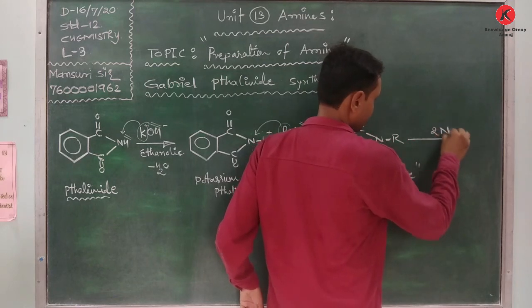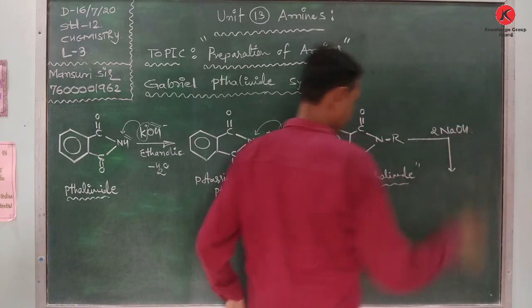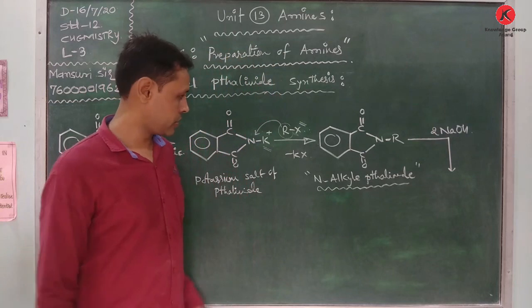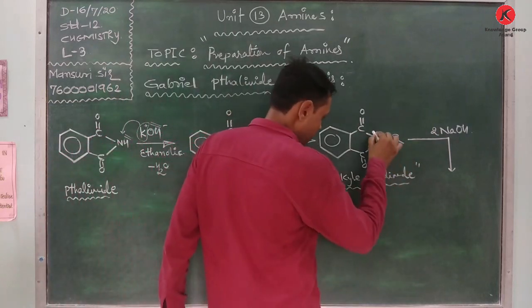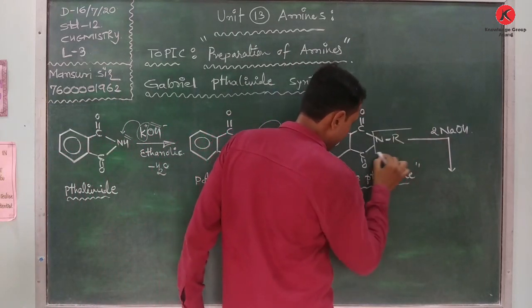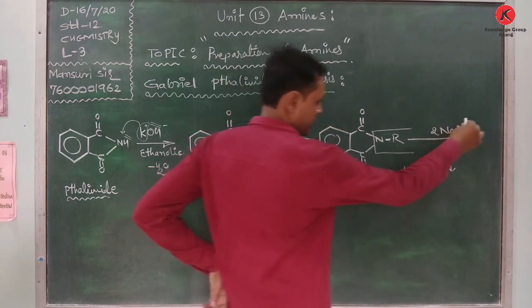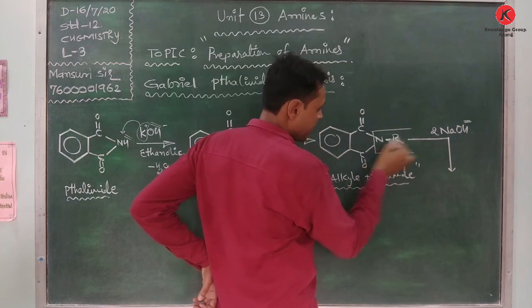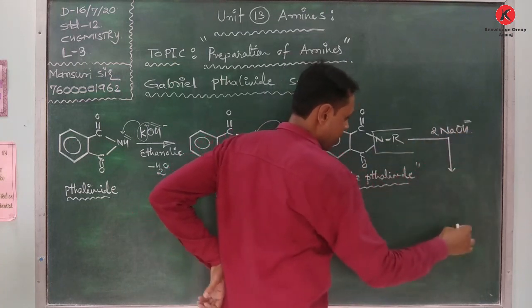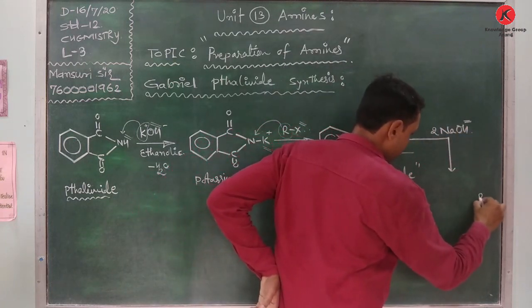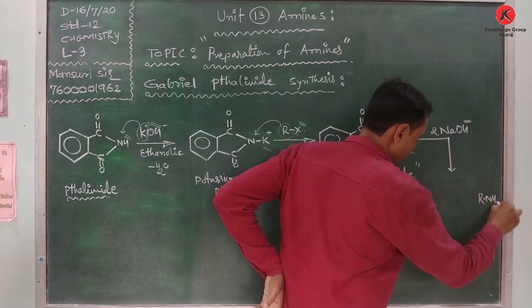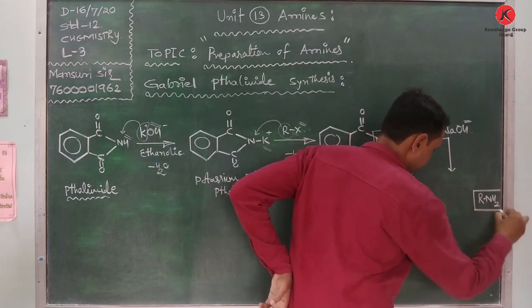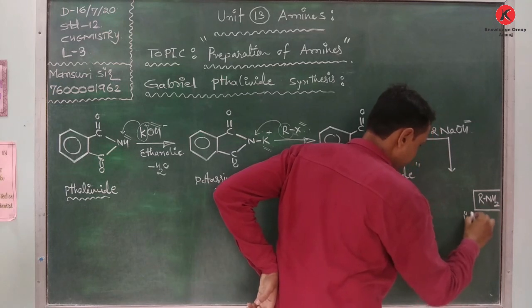reaction with NaOH is carried out. Then what will form? This group, RN, will have two hydrogens. That is why RNH2 is formed. This is my primary amine, my 1 degree amine.